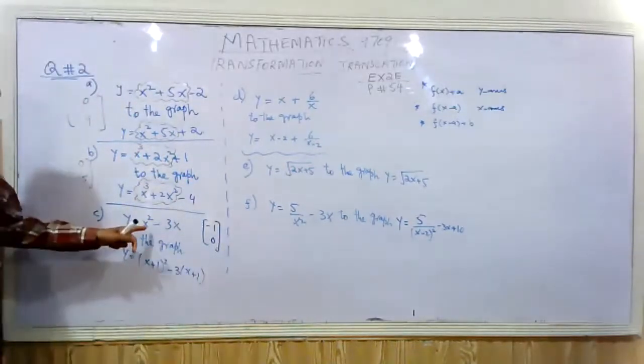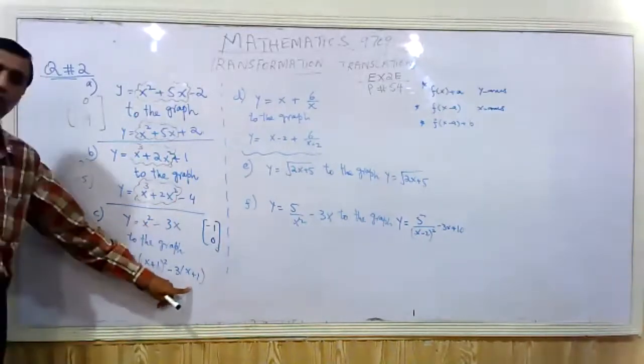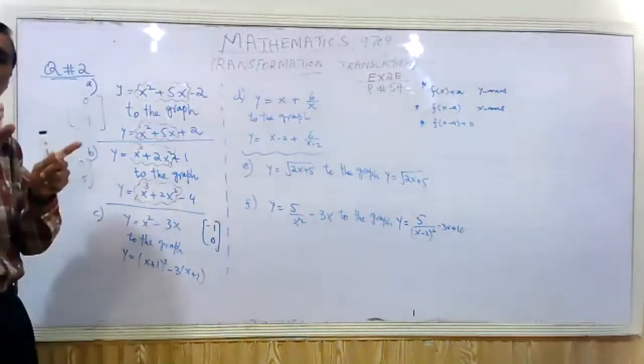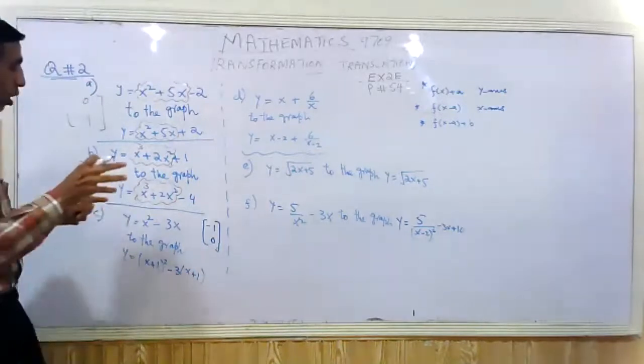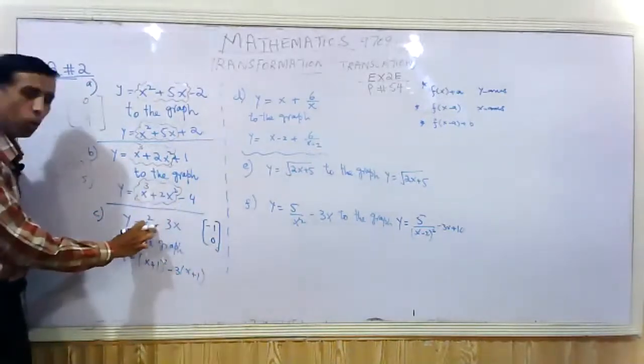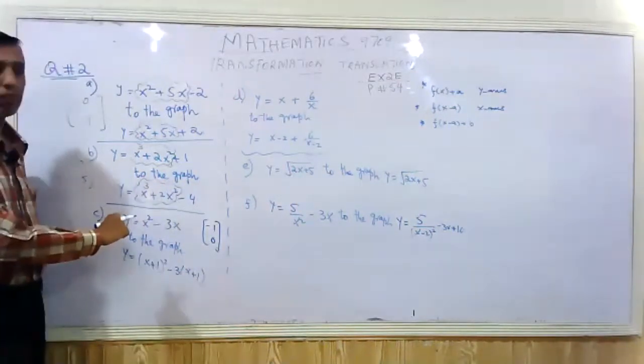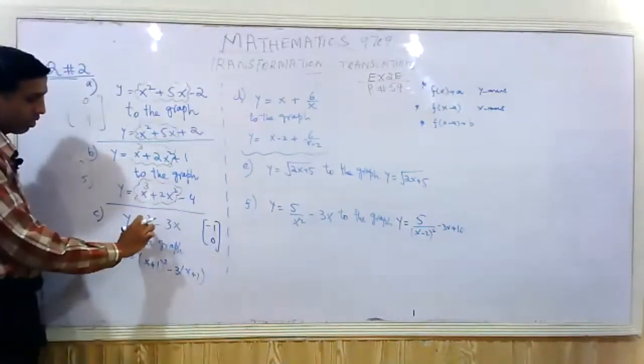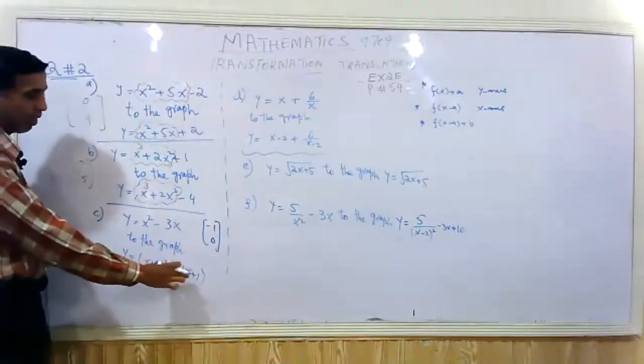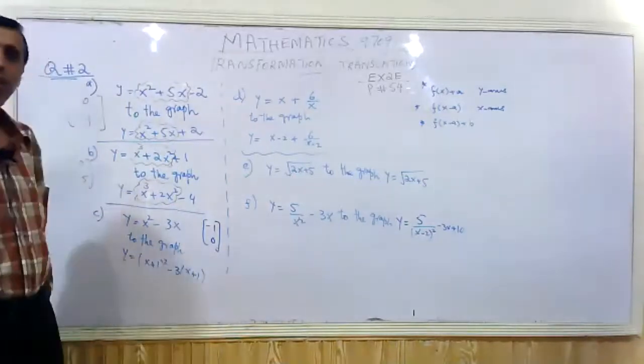If you keep the value here, you will get this equation. The translation should be that one. If you apply this translation to the object equation, the image equation should come. If you keep minus 1 here, you will get x plus 1 square minus 3 into x plus 1.